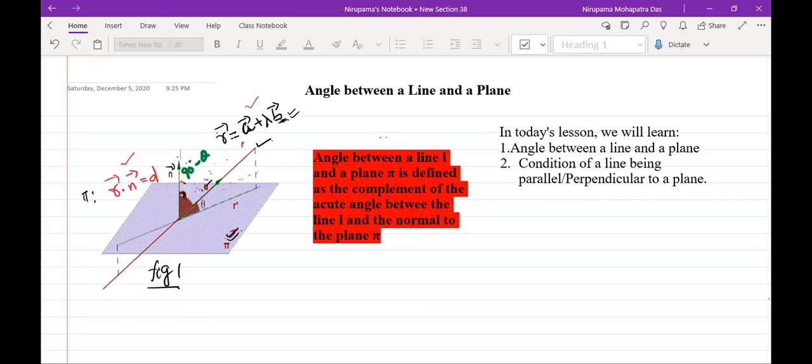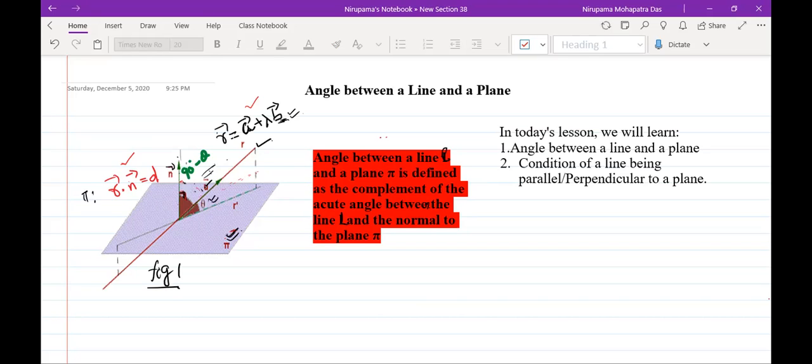So we have seen in the GeoGebra, whenever you take the angle between the line and plane, here it is theta. Now if the angle between line and plane is theta, then the angle between the line and the normal to the plane is 90 minus theta. So we define it in this way: the angle between a line L and a plane phi is defined as the complement of the acute angle between the line L and the normal to the plane phi.